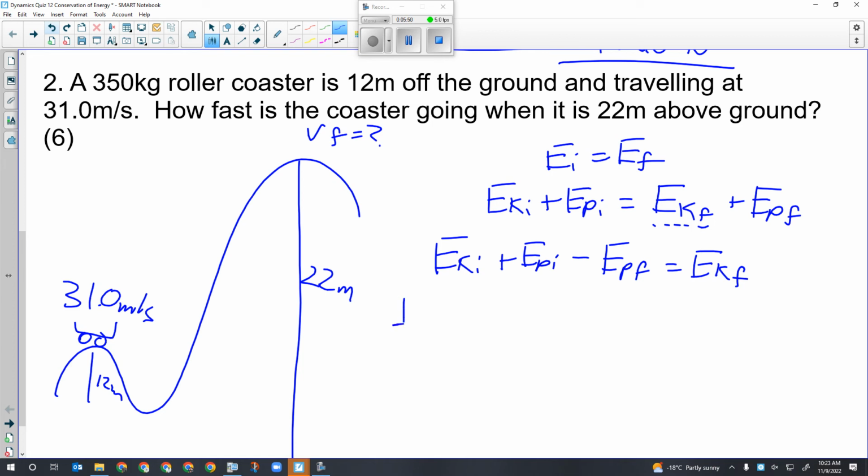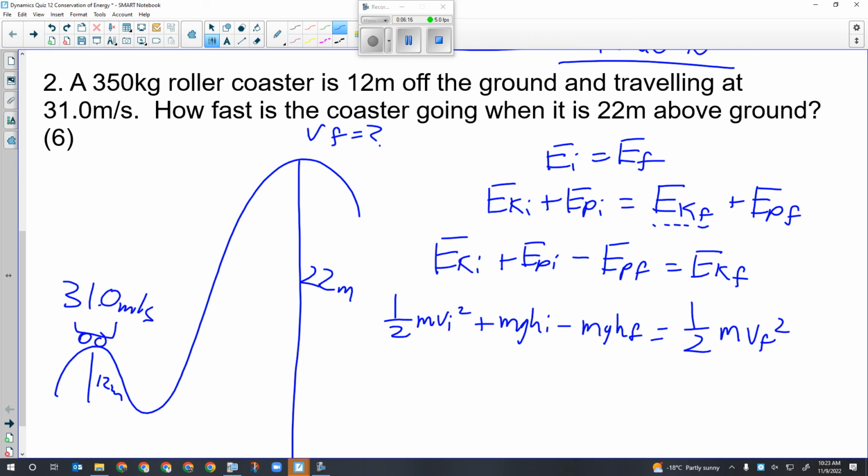So we'll have 1/2 MVI squared plus MGHI minus MGHF equals 1/2 MVF squared.